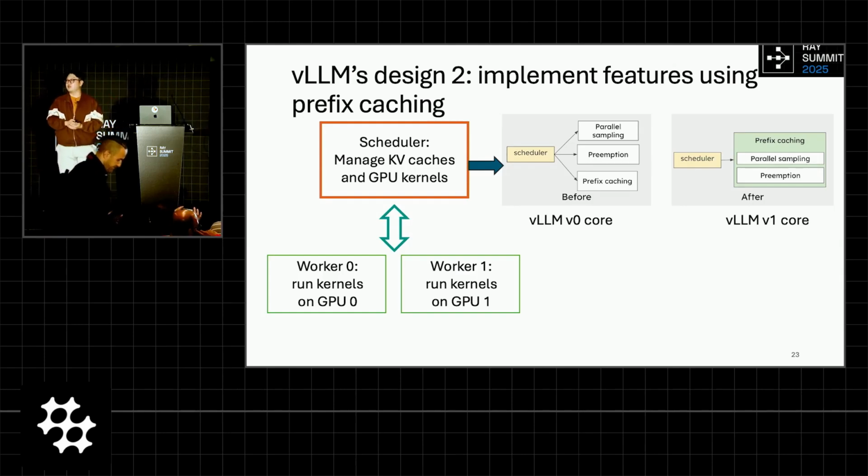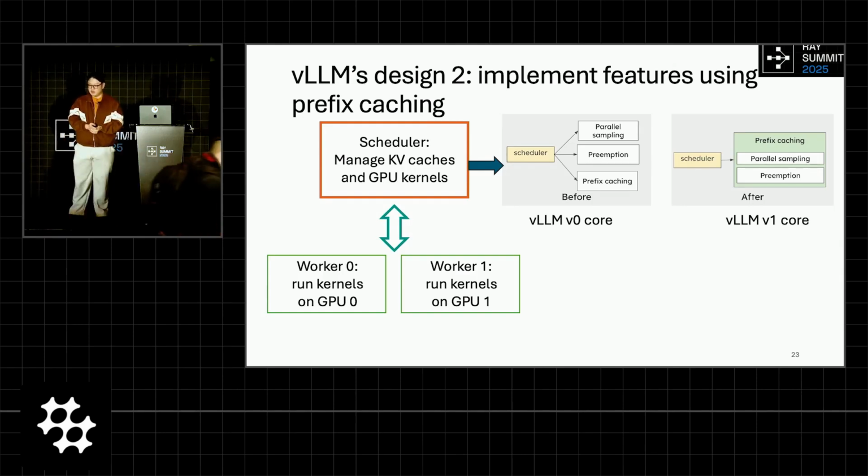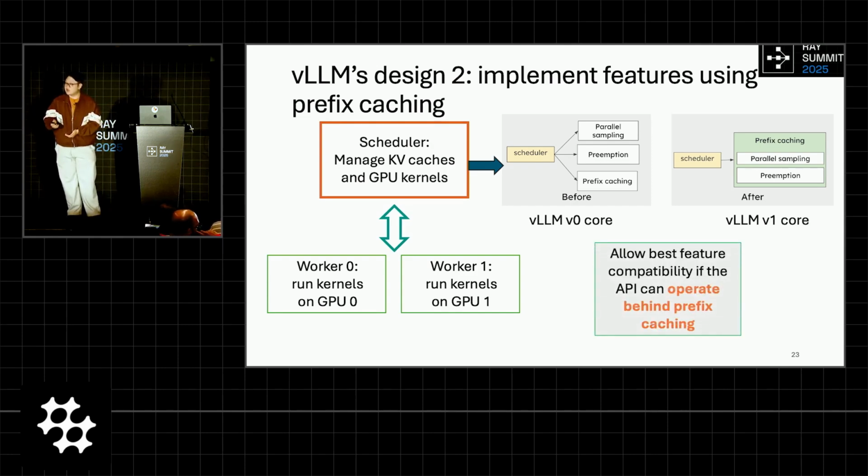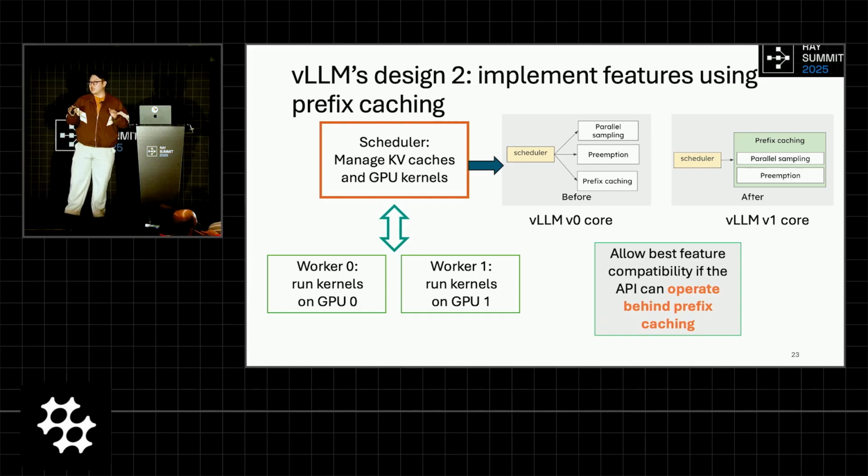But starting from the new version of the core, vLLM implements functionality on top of prefix caching. This makes prefix caching a very special feature: if we hide our KV cache transfer behind the hood of prefix caching, we can easily achieve feature compatibility.